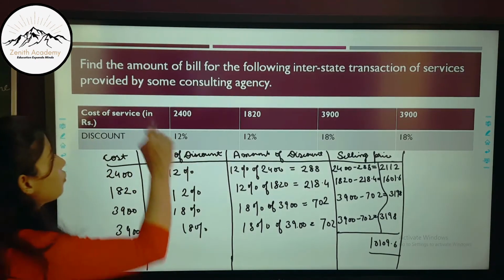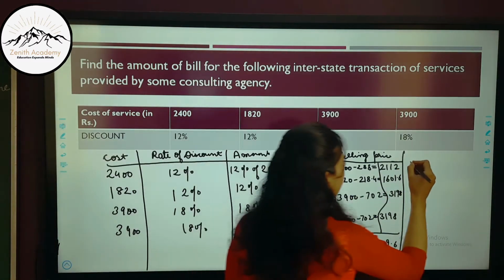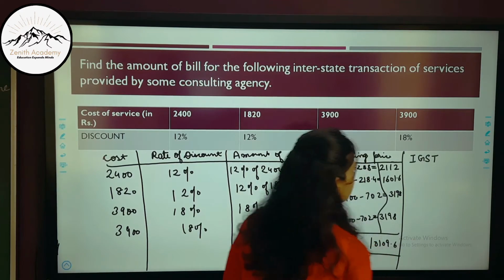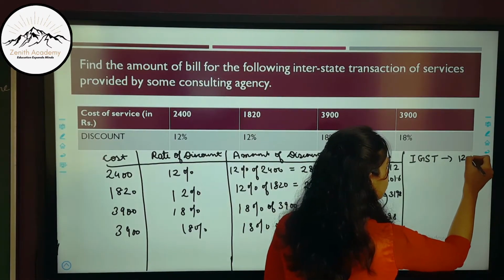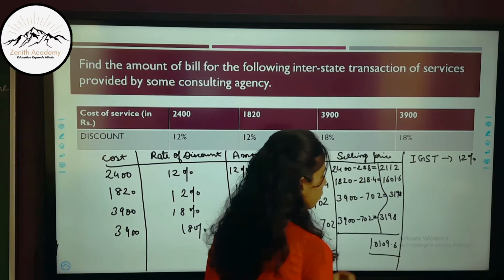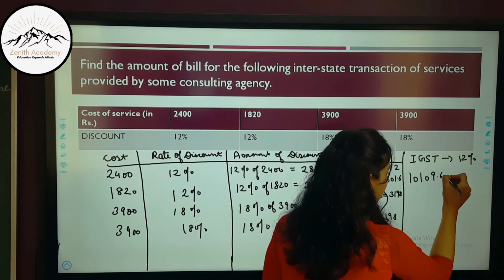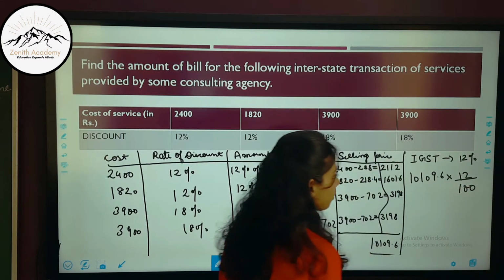Now we need to find the amount of bill. Same way we'll do. On 10,109.6 we'll calculate IGST at the rate of 12%. So that will be into 12 divided by 100.